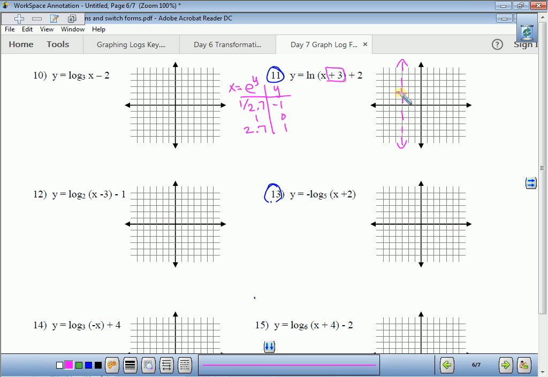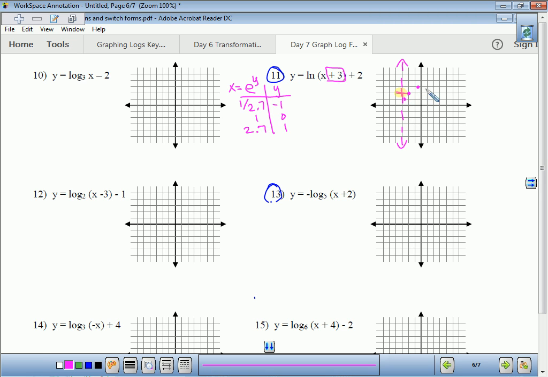I'm going to go over about 1/3, down 1. Over 1/3, down 1. Good enough. Over 1, up 0. Over 2.7, up 1. Sure. There we go, 2.71.